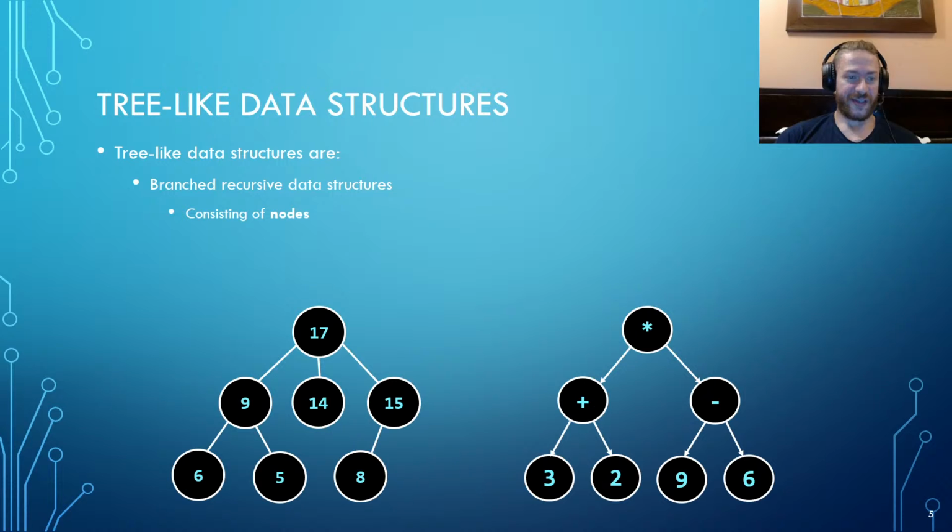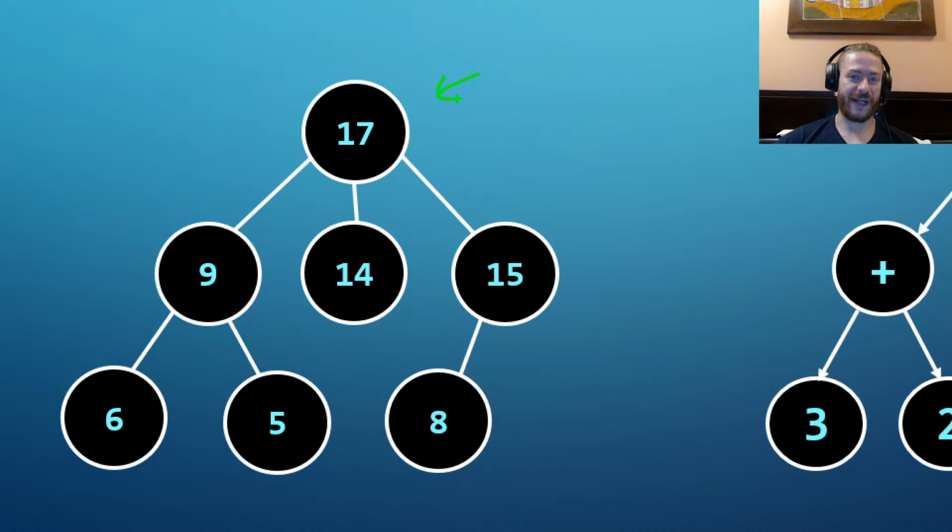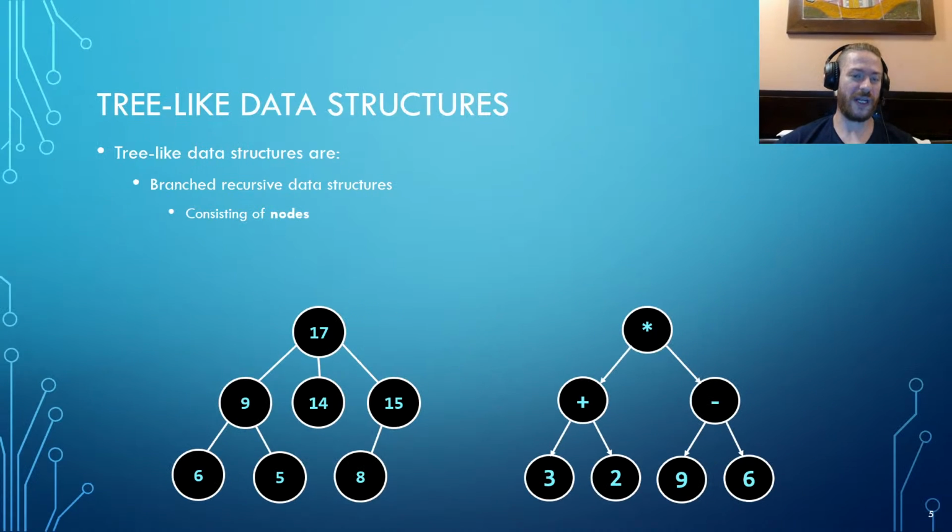All the trees consist of nodes. A node is just a place to store your data. For example, this tree has numbers and it has 17, 9, 14 and so on. Each node can store multiple values, like for example an array of cats, and each cat has a name, an age and other properties. You may have a tree of cats.